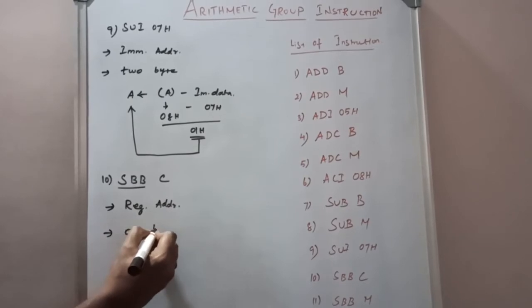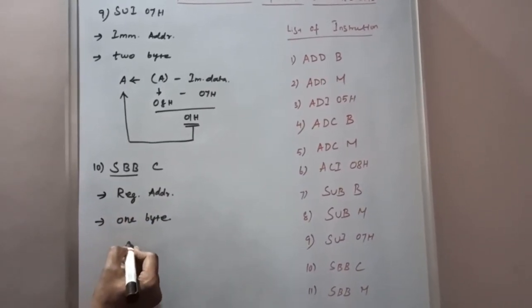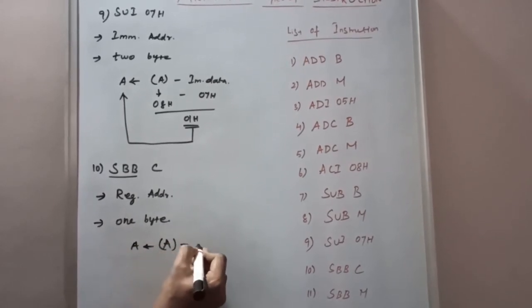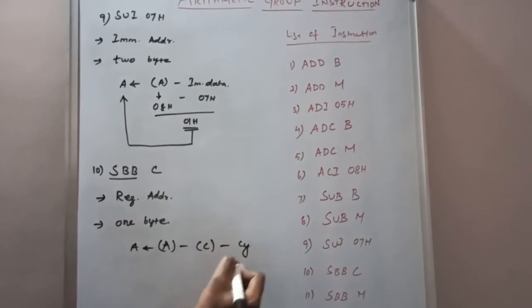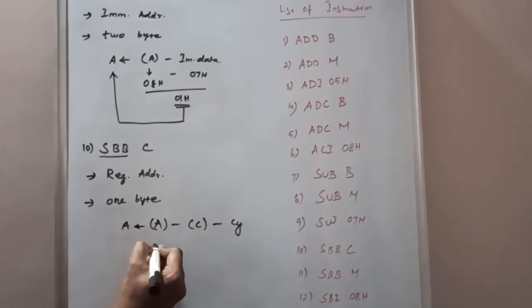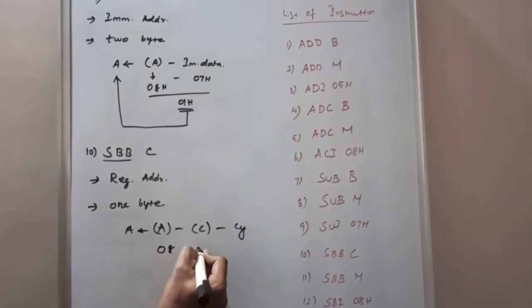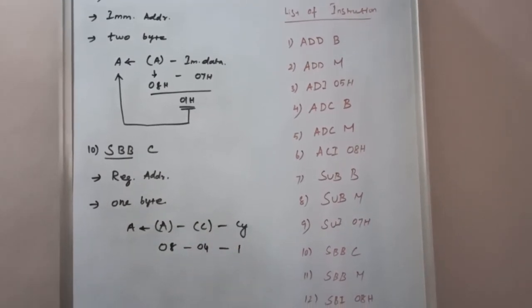Byte of instruction: 1 byte. Functions of this instruction: A value minus C register minus borrow. The borrow is the carry. Here the accumulator value is 08, the C register value is 04, and the carry value you consider as 01.